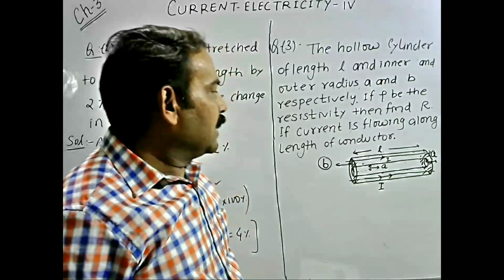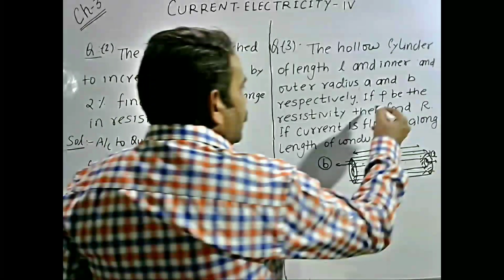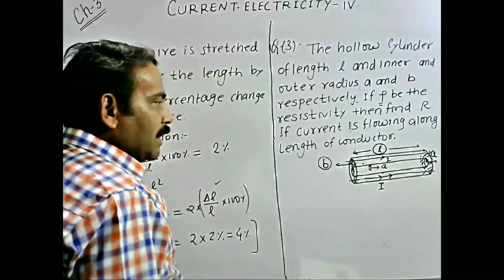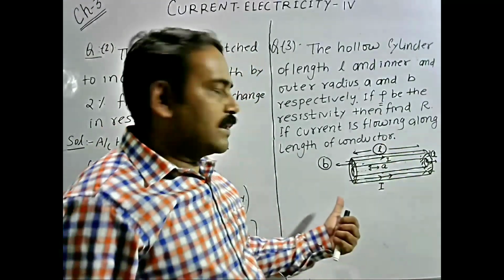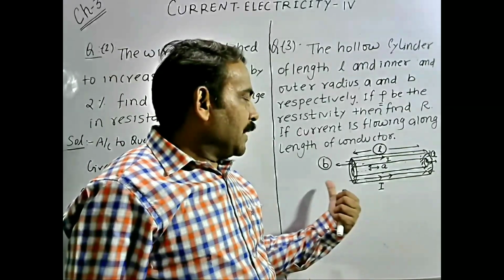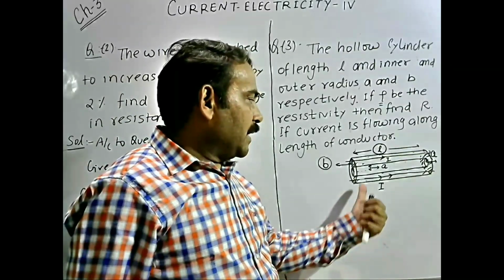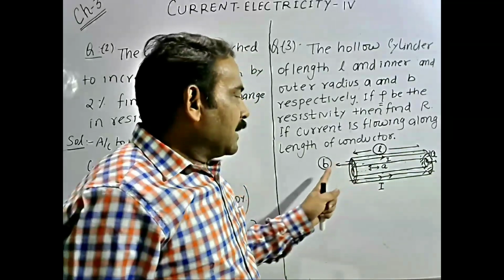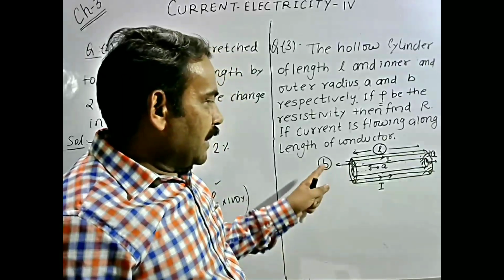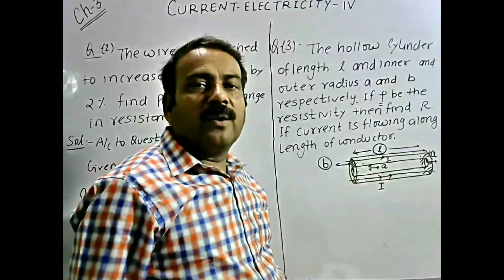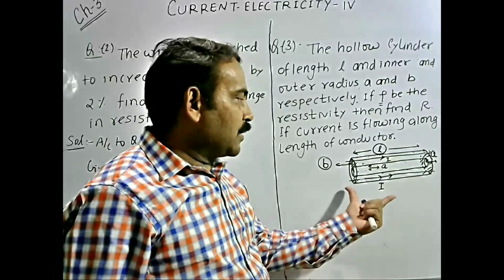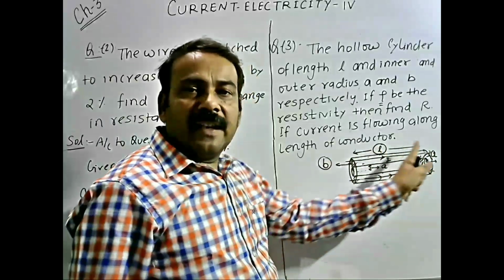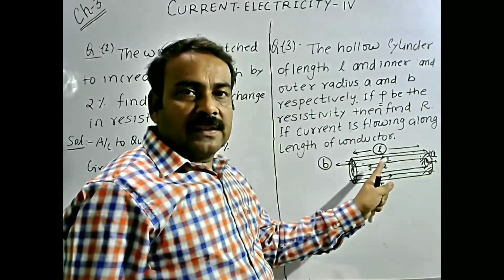Clear? So resistivity is given, length of conductor is given, but the area of cross section can be obtained by using the formula for a hollow cylinder. Clear? The length of the cylinder is taken along the direction of flow of current. When you solve this question, the length of the cylinder is taken along the direction of current.